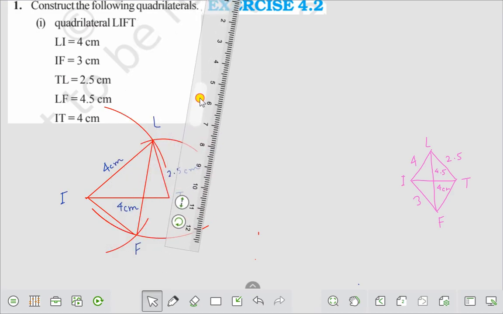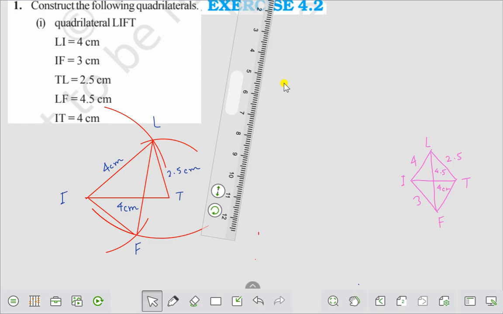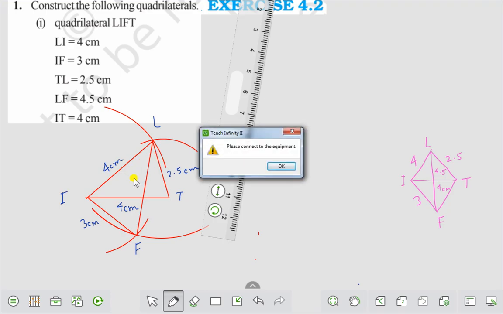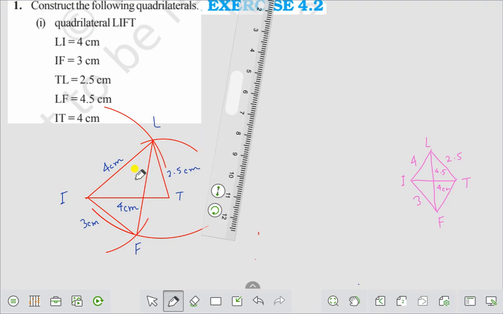Now you see here, we got IF as 3 centimeter, the length of this IF is 3 centimeter, and this LF is 4.5 centimeter.